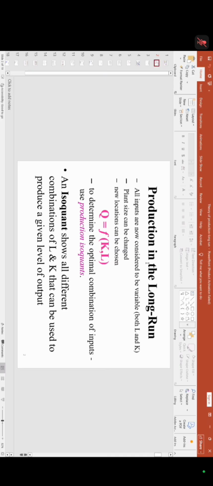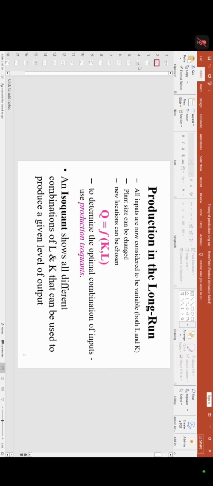So with that aspect, all the inputs that we are using for production are considered variables. Both labor and capital are variable. That means they will change according to the increase or decrease of your output level.